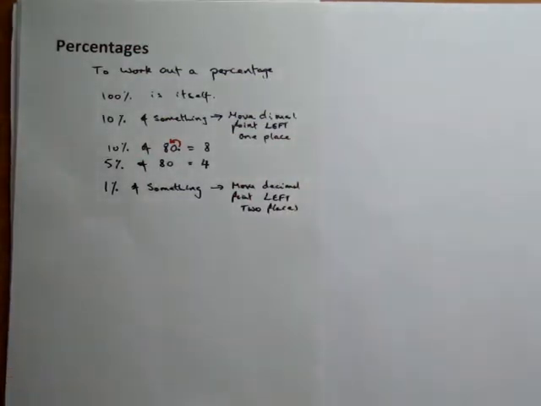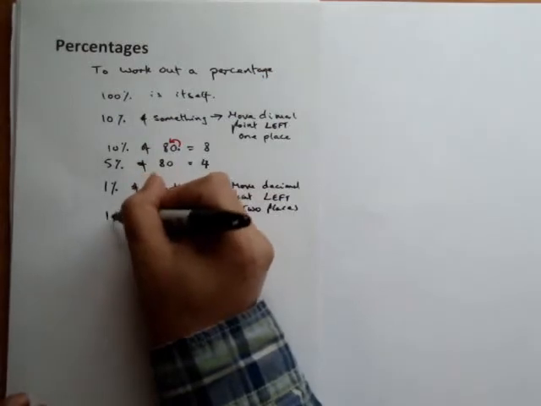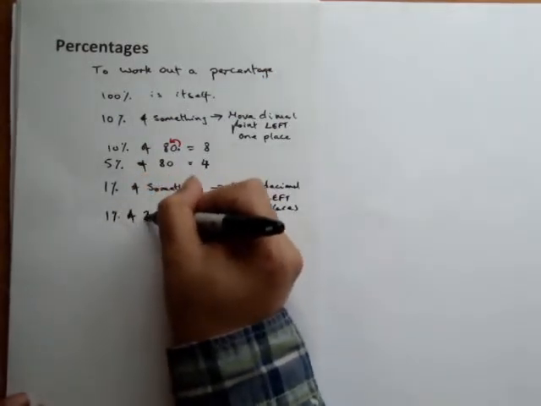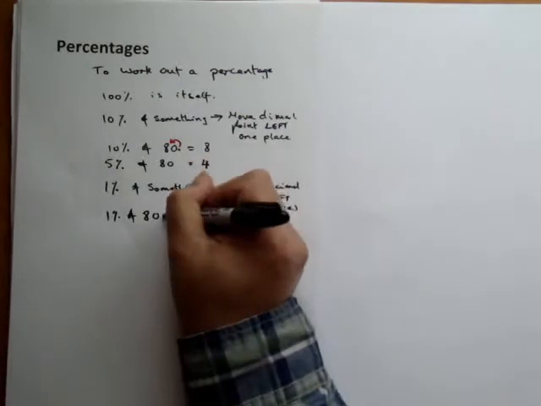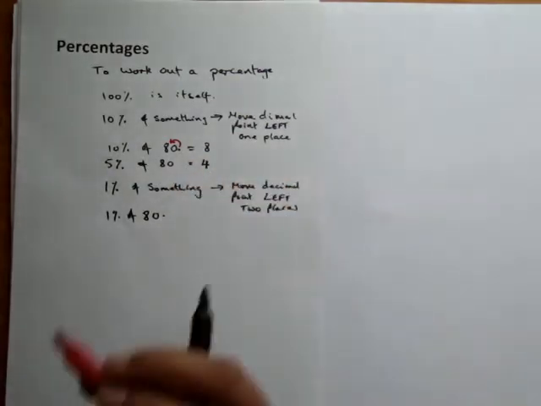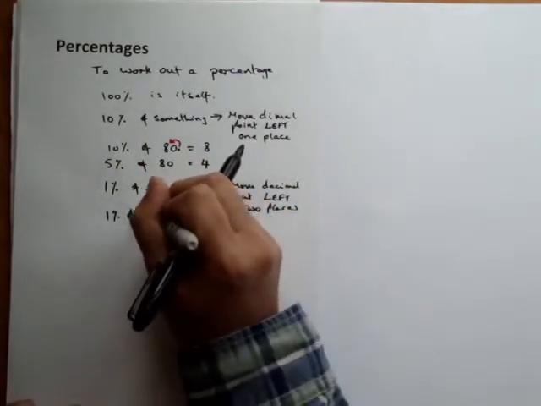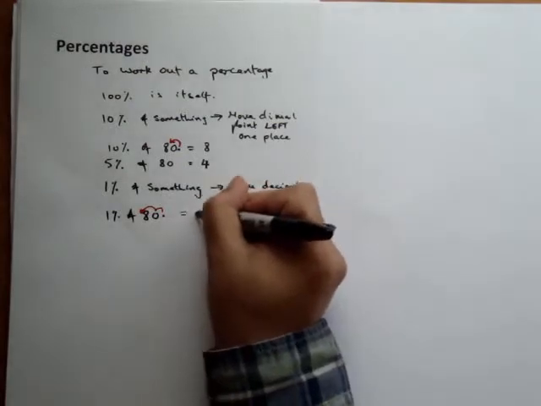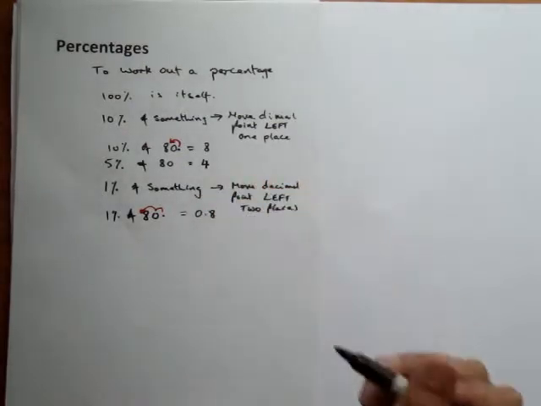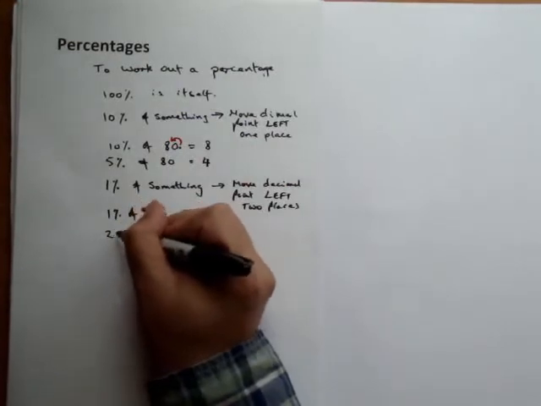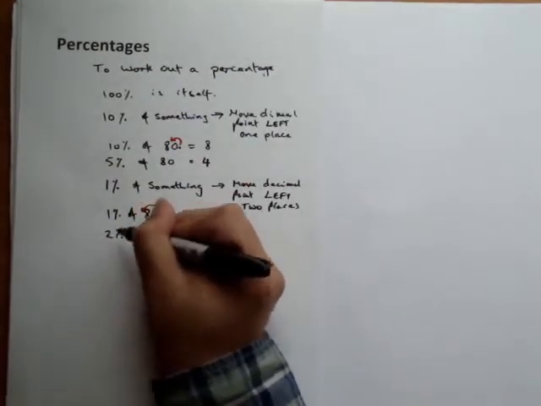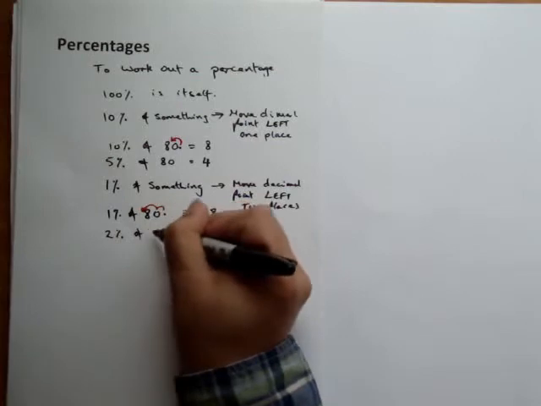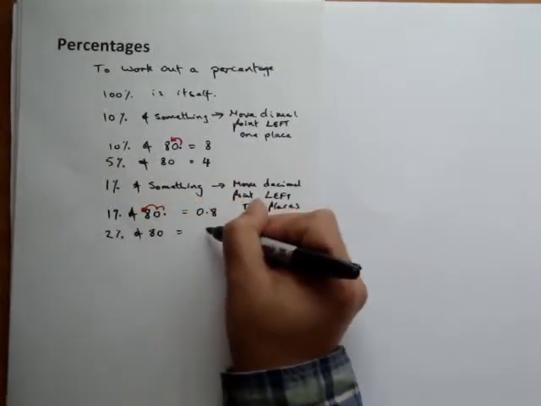So here we have 1% of 80. We have the decimal point here. We move it 2 places to the left and we get 0.8. If we want 2% of something, all we have to do then is double that, so 2% of 80 equals 1.6.